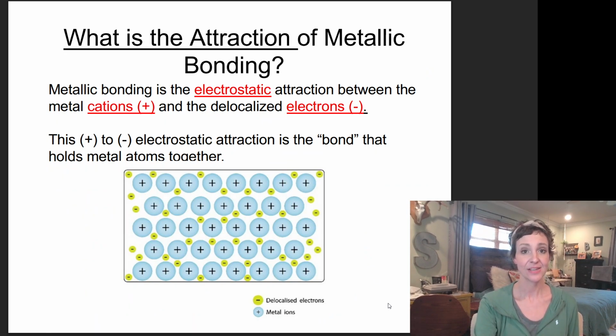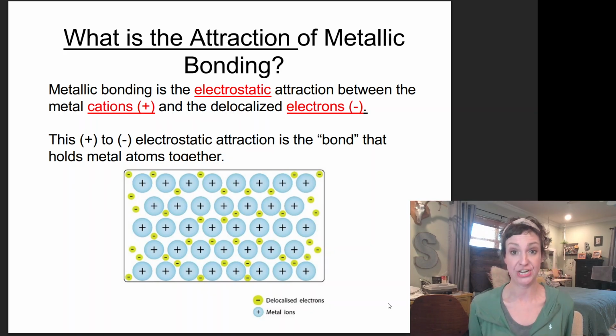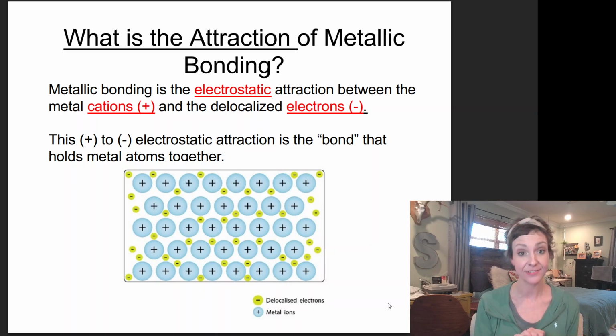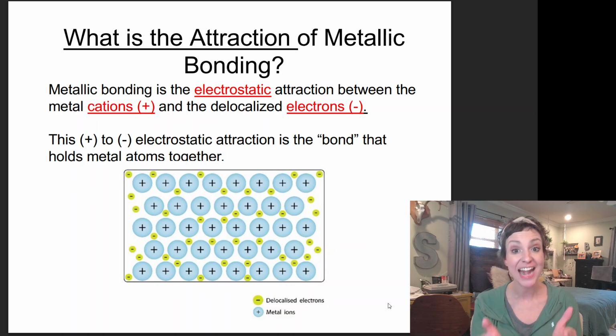Okay. What is the attraction of metallic bonding? We kind of mentioned this in our intro lesson, but metallic bonding is the electrostatic attraction between metal cations, positive, and the delocalized electrons, which are negative.